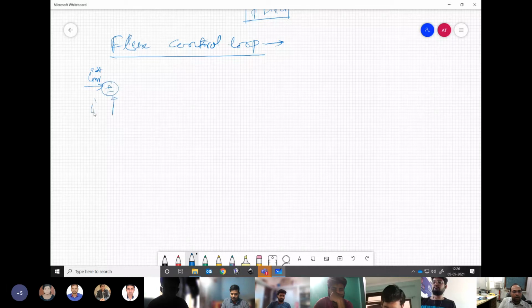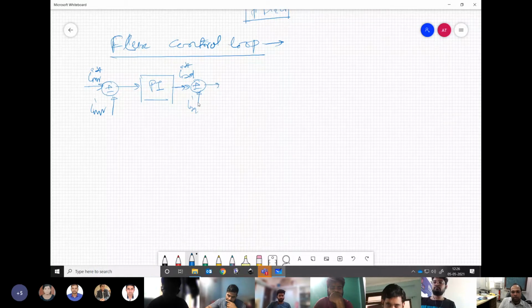And then we compare with our feedback IMR. This error is fed to the PI controller. This PI controller will generate command for ISD, because ISD is responsible for making up the IMR, where it is compared with ISD feedback. And then we have the PI controller for D-axis current control.